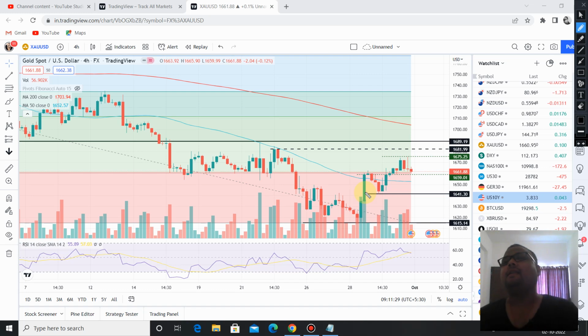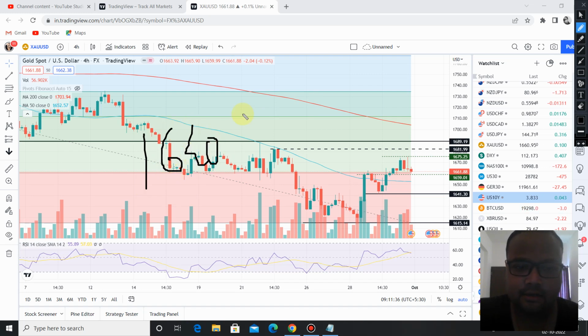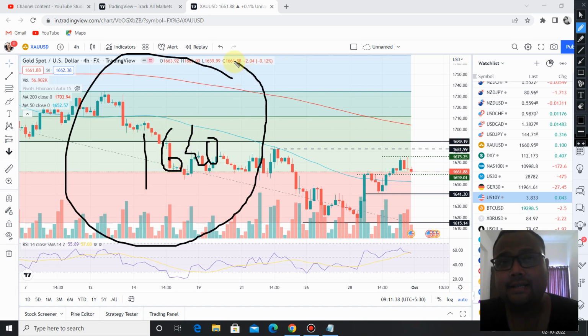So if we see any high volatile situation, and if we see market going below 1640, then you can easily take a sell position, and I think that a big sell may come below 1640. Okay, and ultimate support right now is around 1615. This is the ultimate support for the market, around 1615.